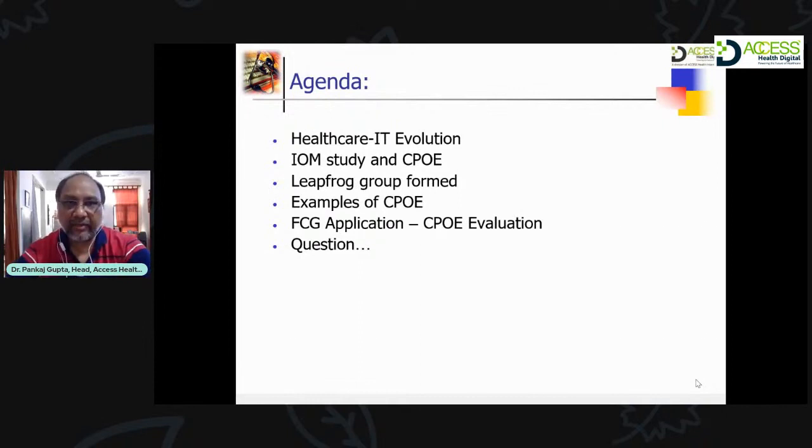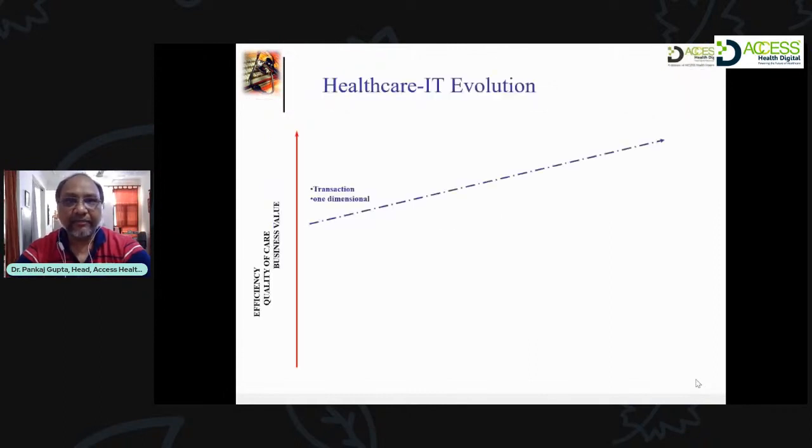And then we'll go into some examples of CPOE. We'll also look at an evaluation application, some case studies, and then we get into challenges and questions. So that's pretty much the agenda for the presentation that I have today.